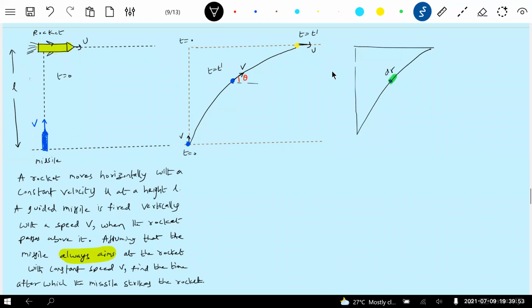So here the velocity of the missile will be directed like this. This velocity, if I resolve it, this is theta, will be in this direction. U cos theta.